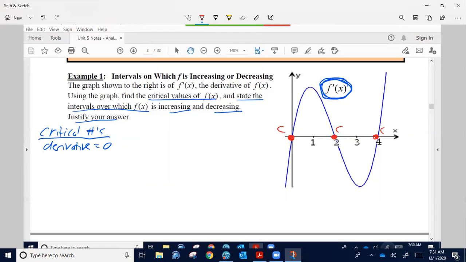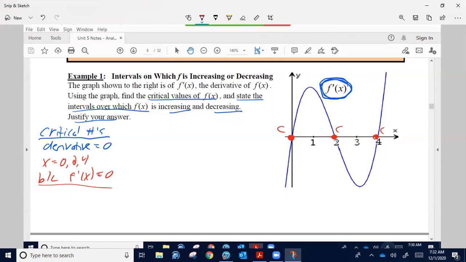All of those are critical numbers. So critical numbers at x equals 0, 2, and 4 because f prime of x equals 0. That's your justification, because f prime equals 0. You have to say why.